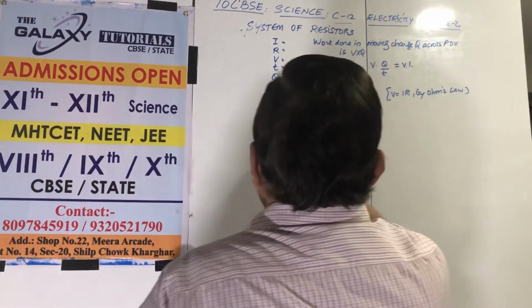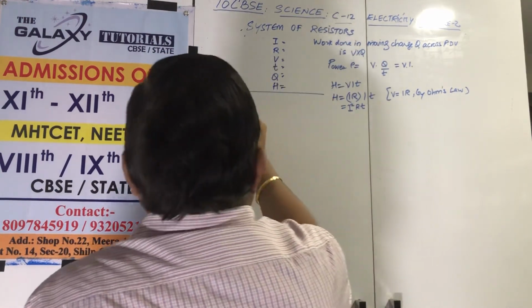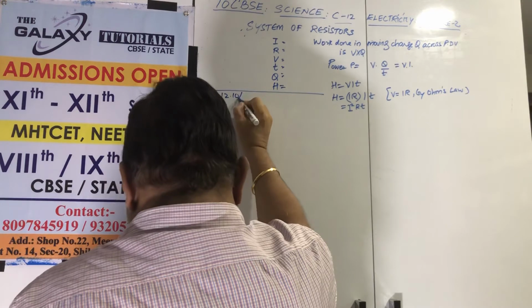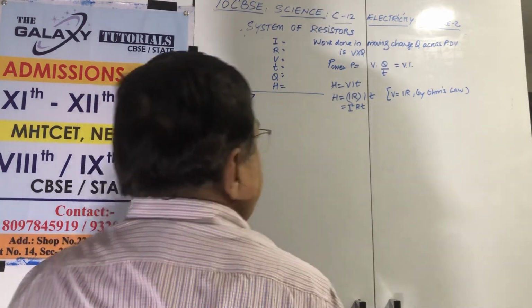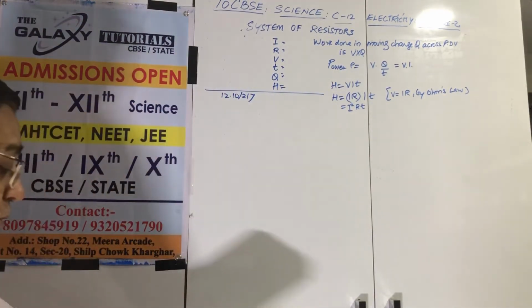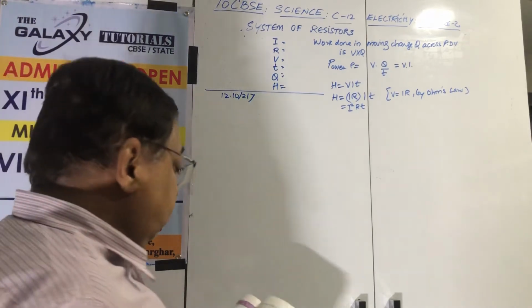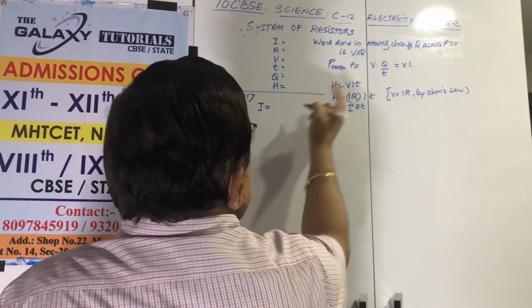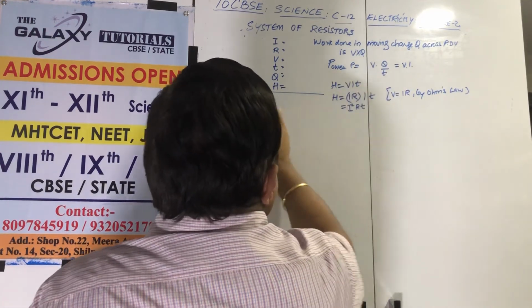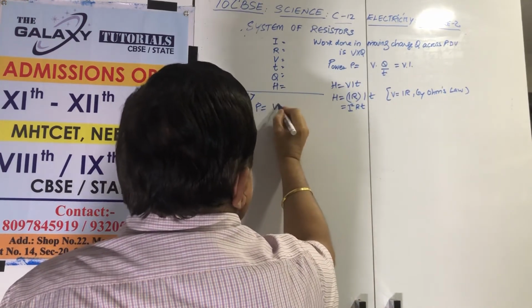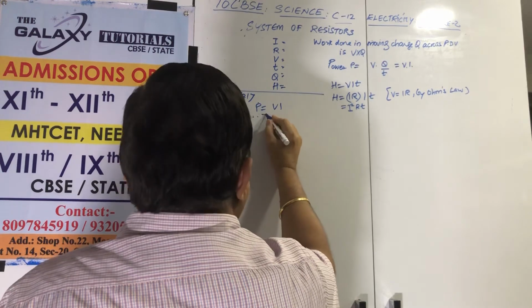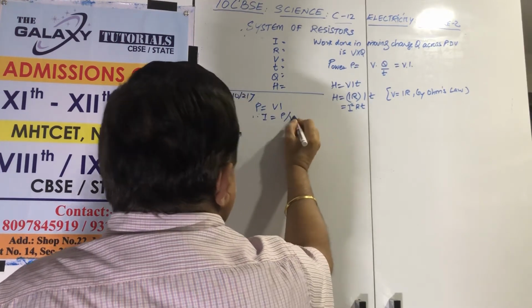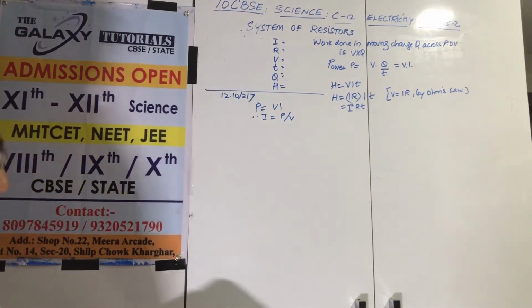Question 12.10 on page number 217. P is VI. Therefore, I is P upon V by interchanging the sides.